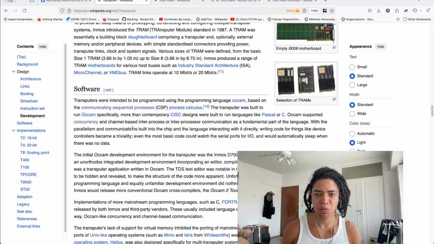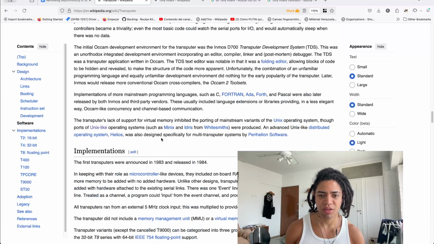The transputer was built to run occam specifically, whereas contemporary system designs were built to run languages like Pascal or C. Occam supports concurrency and channel-based inter-process or inter-processor communication.